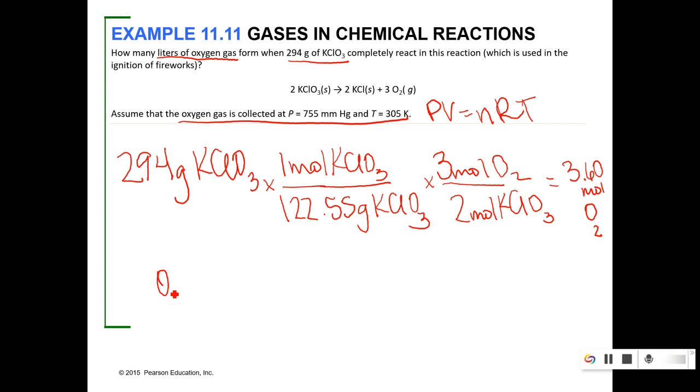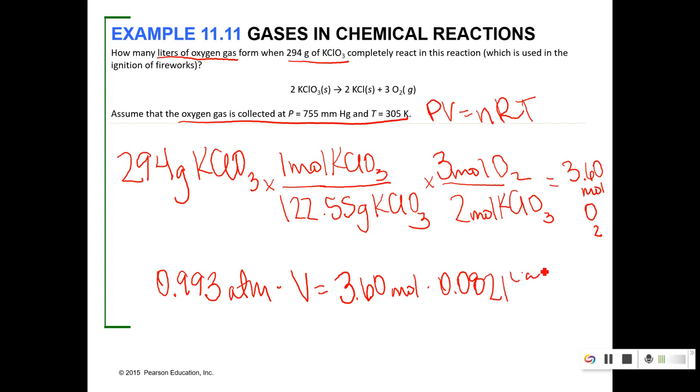Then we do our pressure. Don't forget it must be in atmospheres. So I have 0.993 atmospheres times volume, I don't know, equals 3.60 moles times 0.0821 times 305 Kelvin.